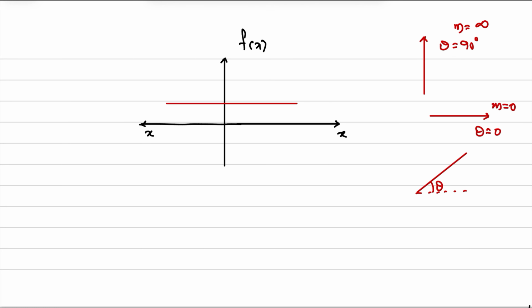Here m is equal to 0, here m is equal to tan theta. If theta is equal to 45 degrees, m is equal to 1. Here the line whose slope is equal to 0 and intercept is equal to c. C is the intercept. And this type of function, where for any value of x, function x is not changing, is called a constant function.